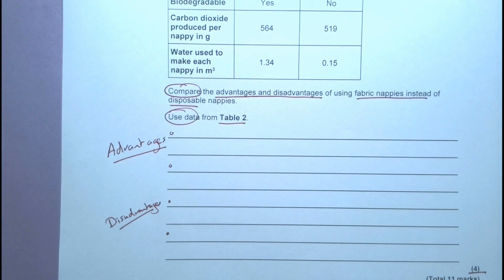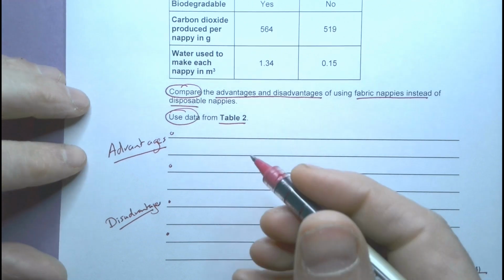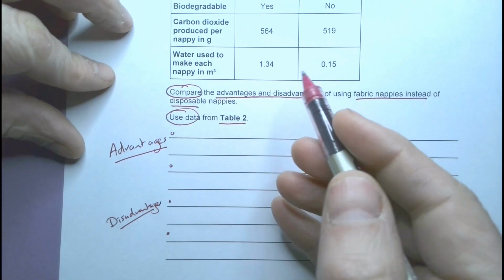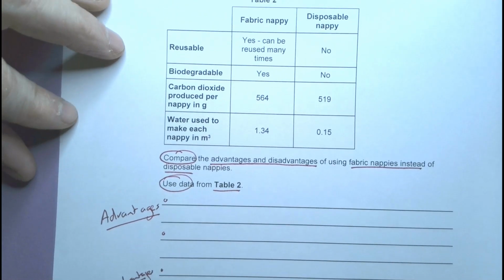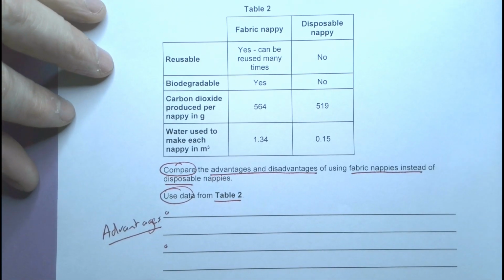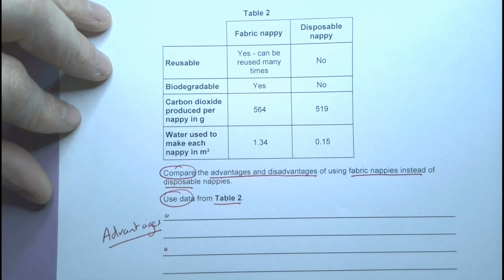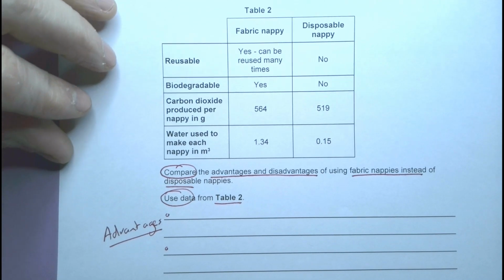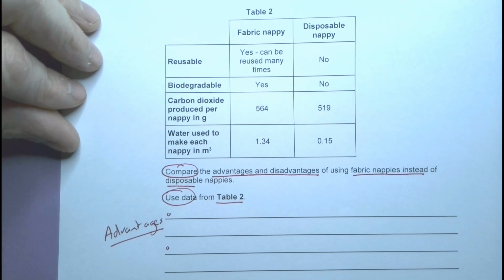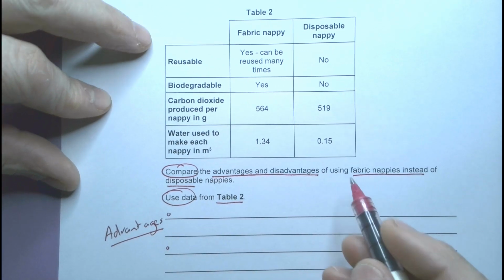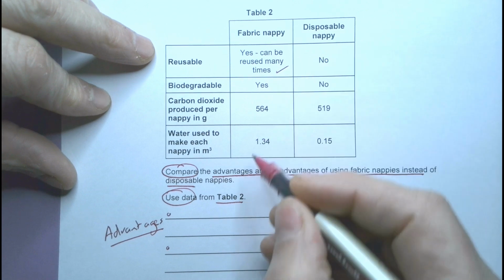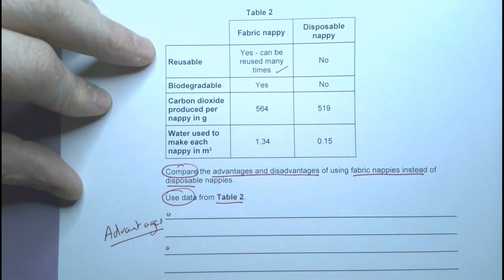So how are fabric nappies better? Let's have a look back at the data up here. It doesn't tell me I have to use any of my own knowledge, so you should be able to get most marks just by using the information in the table. So advantages of fabric nappies. Where are they better? Well, they can be used lots more times.